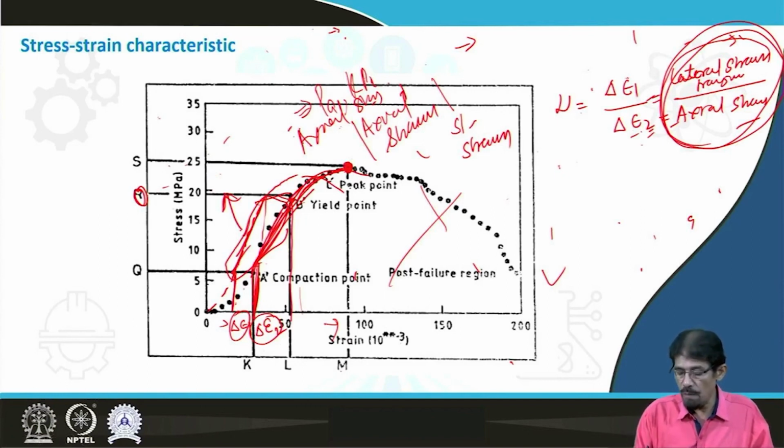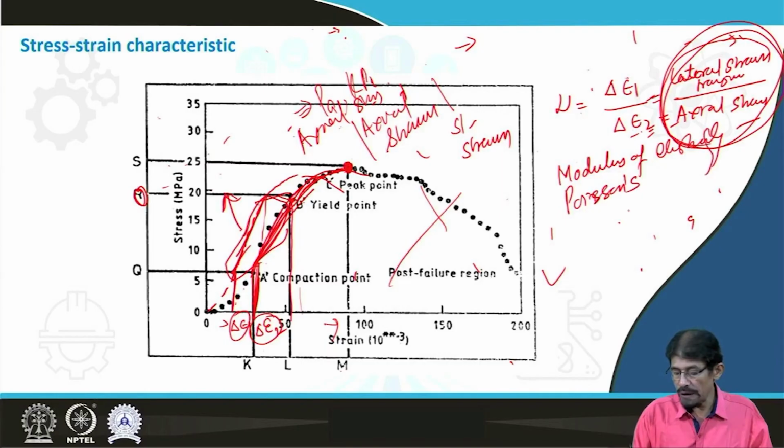So the modulus of elasticity, as the name indicates, and Poisson's ratio, both are characteristic of the elastic region only.